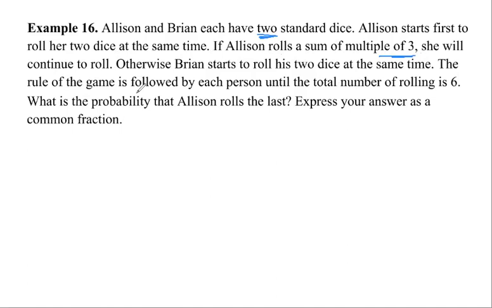The rule of the game is followed by each person until the total number of rolls is 6. Then what is the probability that Allison rolls last? Here's what I understand: we have 6 rolls, Allison starts, and Allison will end this game. That's what we have for sure given.